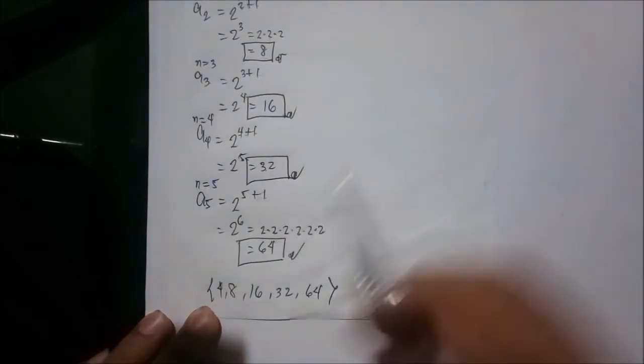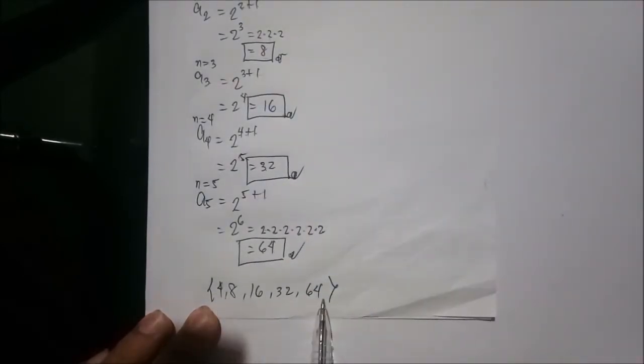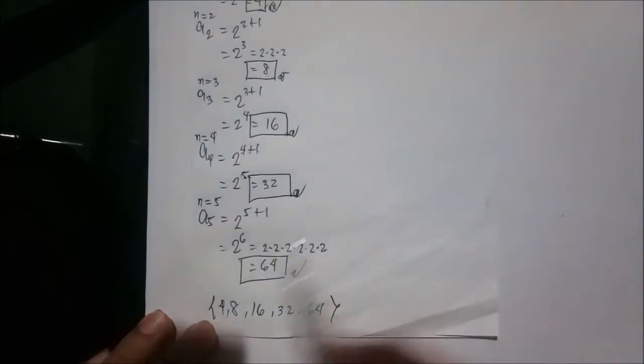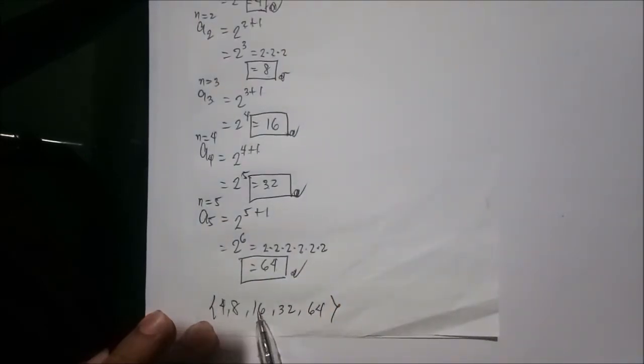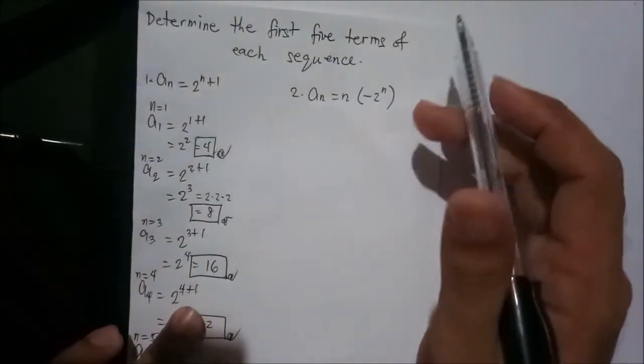So we have now the first 5 terms: 4, 8, 16, 32, and 64. So now let's proceed to question number 2.